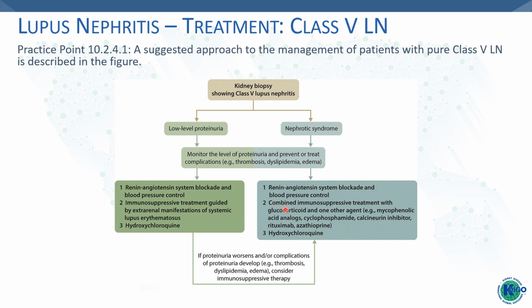Combined in this situation, you will need to give immunosuppressives, so combined immunosuppressive treatment with glucocorticoid and one other agent, for example a mycophenolic acid analog, cyclophosphamide, calcineurin inhibitor, rituximab, or other agents. These patients with low-level proteinuria must be followed up closely because they may progress to nephrotic syndrome and may be in need of combined immunosuppressive treatment.